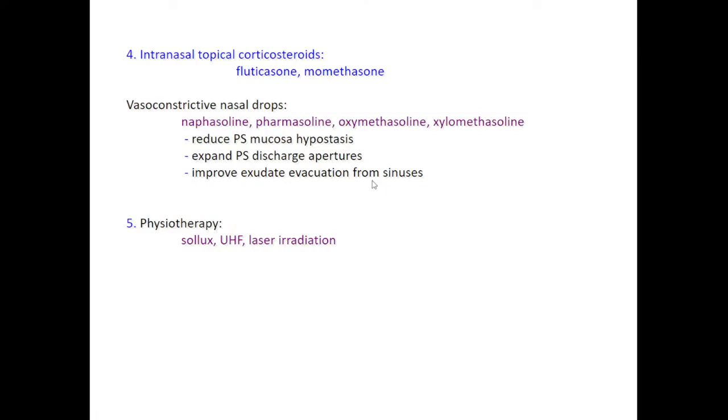But remember that prolonged using of these drops may lead to so-called drug-induced rhinitis. So use these drugs not more than 5-7 days as in instruction to these drops. And sometimes you may use physiotherapy also.